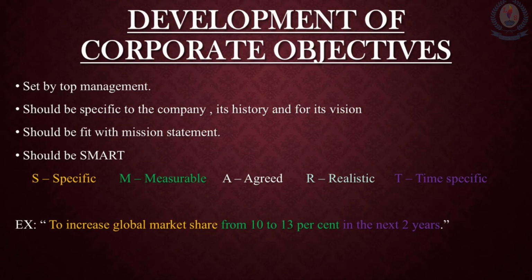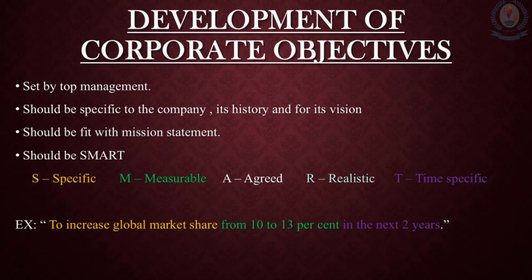The most important thing is, when preparing a corporate objective, it should be SMART. The word SMART expresses 5 major facts in a corporate objective. The letter S in the word SMART tries to express the specificness of the objective.